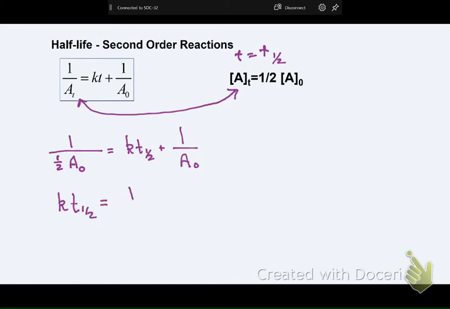So it's going to be 1 over 1/2 A0, so I'm flipping the sides like this, minus 1 over A0. So I flipped the equation and I brought the A0 across.